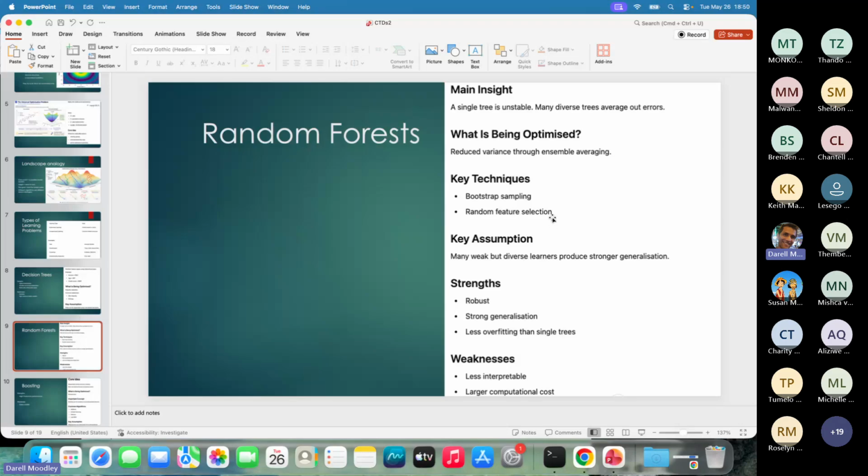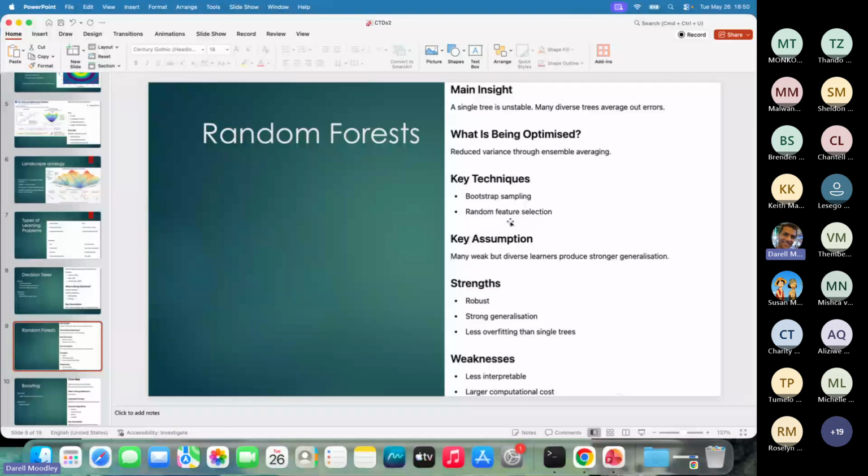It does it via bootstrap sampling, which is basically just sampling with replacement. I covered that in my video on random forests. If you want to know more about that, and I do encourage you to familiarize yourself with it, watch that session.